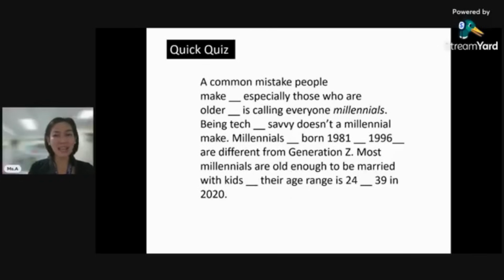Millennials, blank, born 1981, blank 1996, blank are different from Generation Z, and most millennials are old enough to be married with kids. Blank, their age range is 24, blank 39 in 2020.